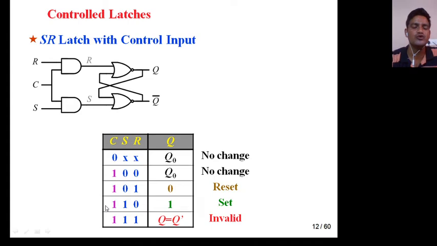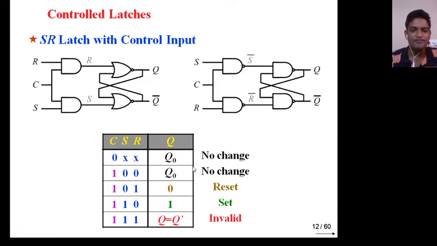If its value is 0, it will not work in the normal way. When its value is 0, whatever is the value of S and R, you will get the same past output Q0. You can say no change.